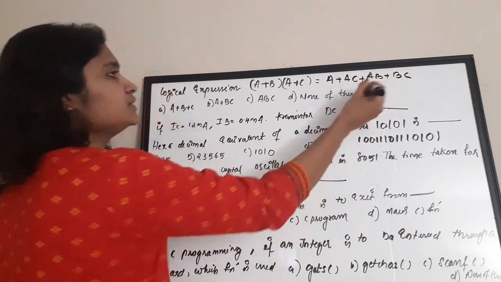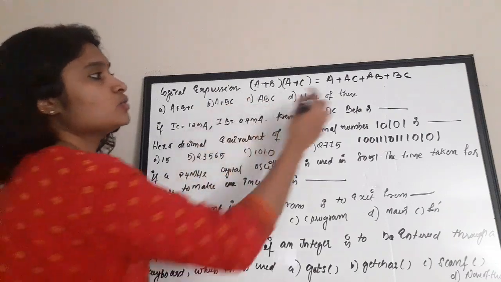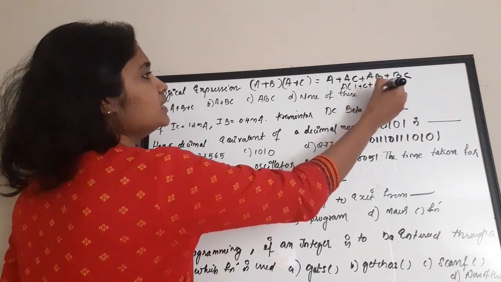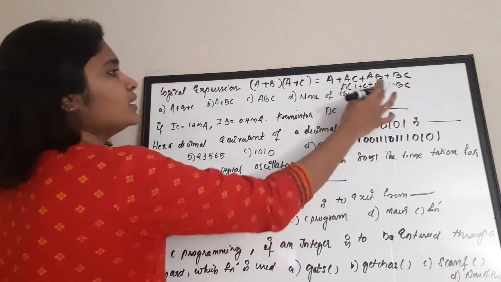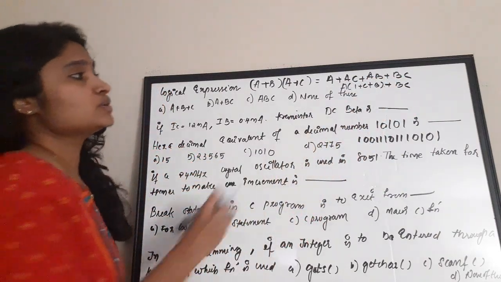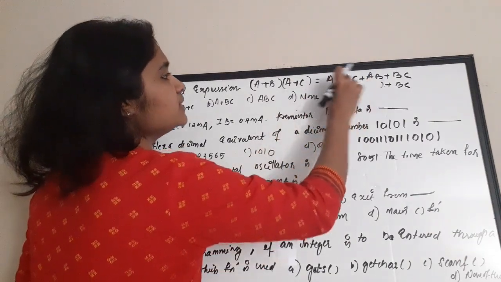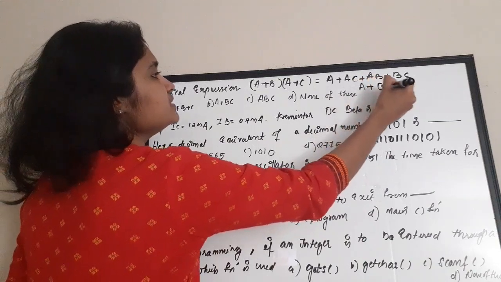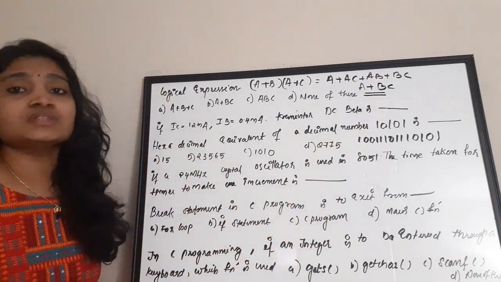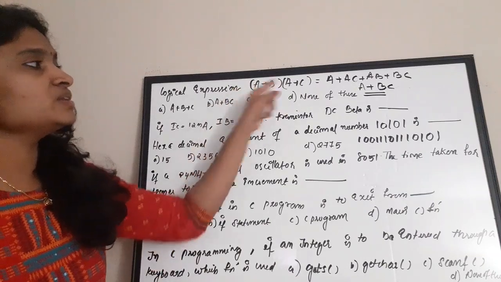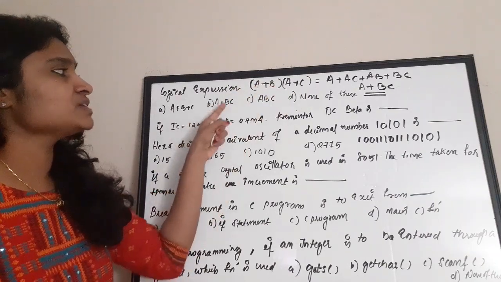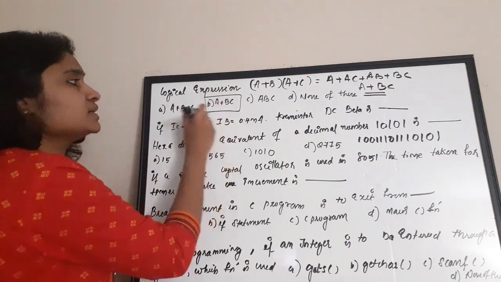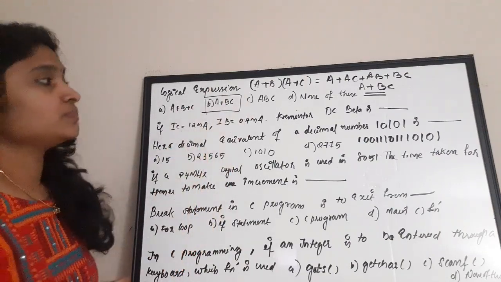From the first three terms, you can take a common: a(1 + c + b) + bc. Since 1 plus any term is equal to 1, you get a + bc as the simplified version of this logical expression. So the answer for this question is option B, which is A + BC.